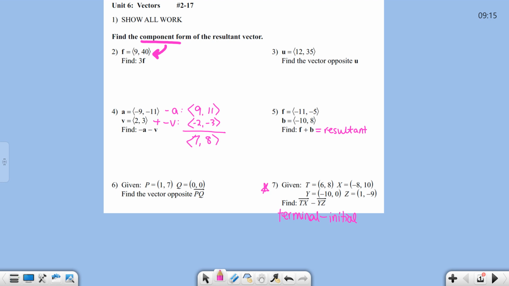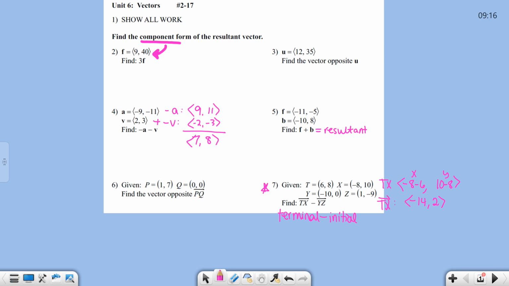Okay, so if I want vector tx, I have to take the components of point x and subtract point t. So tx is going to be negative 8 minus 6 for the horizontal or the x values, and 10 minus 8 for the vertical or the y values, giving us negative 14, 2 for vector tx.